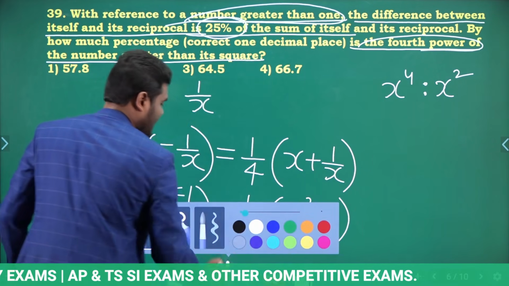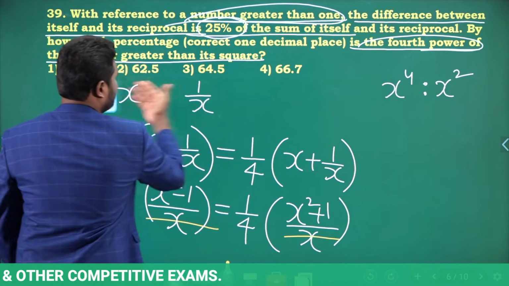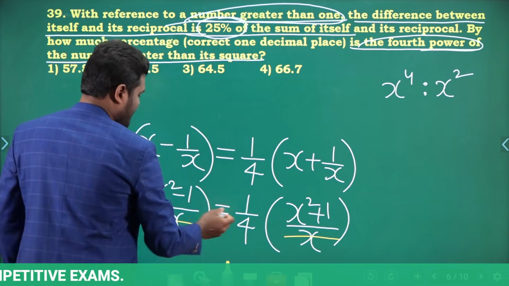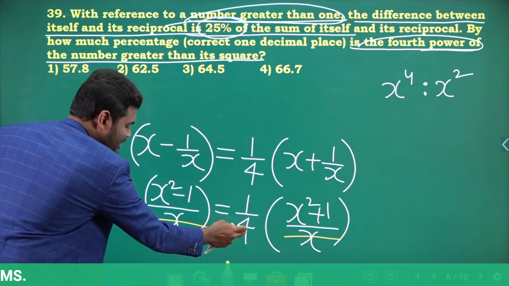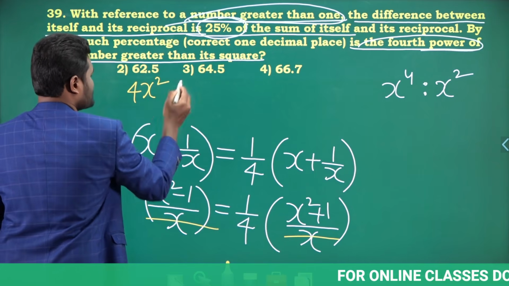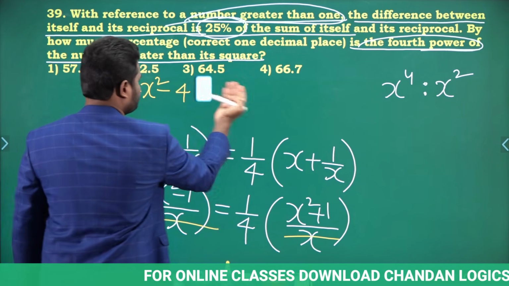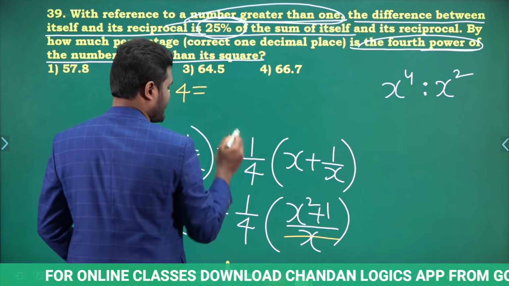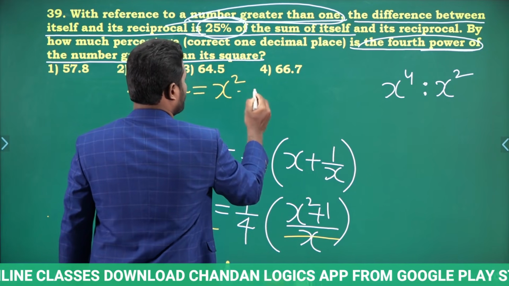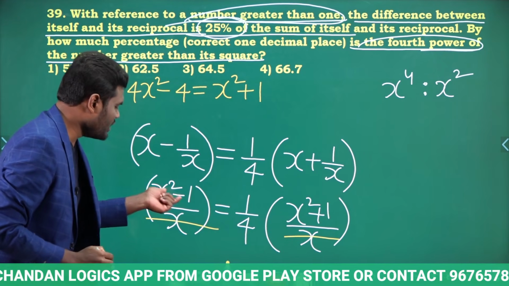Yes or no? Now if you simplify this, what happens? x and x get cancelled, then finally you are left with, multiply this one, 4x square minus 4 is equal to x square plus 1. Yes or no? When x and x get cancelled, 4 is going to be multiplied.